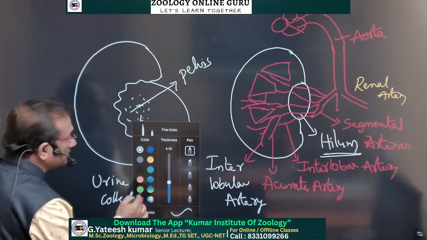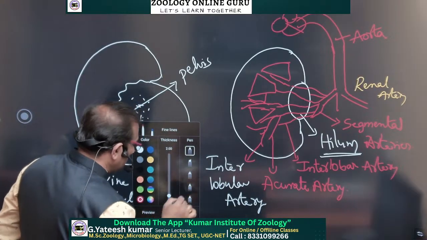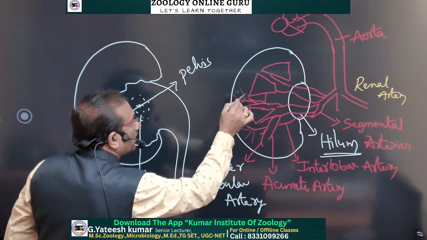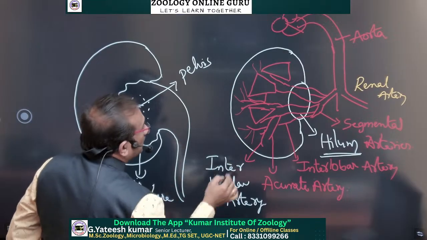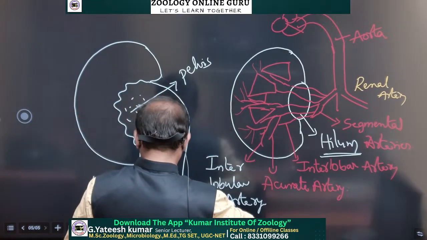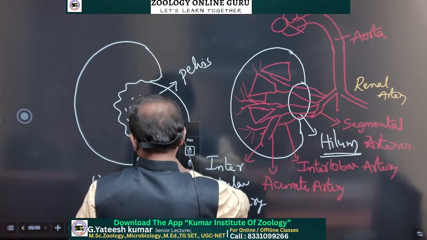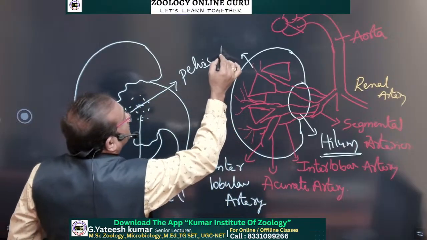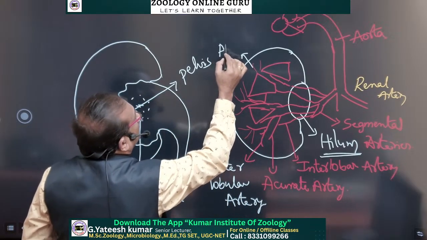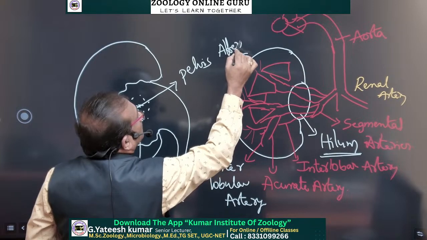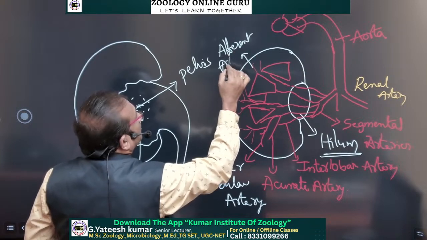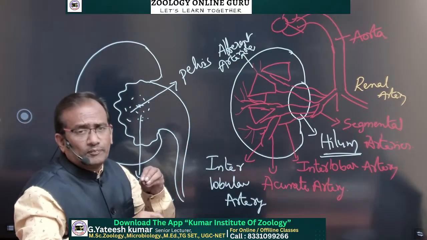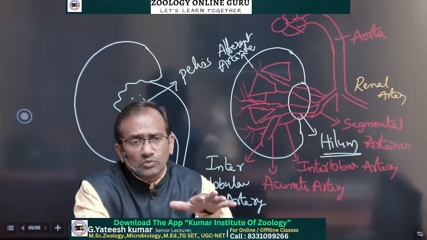And lastly, they become the smallest branches, known as afferent arterioles. So like that, the blood supply goes into the kidney through the hilum.